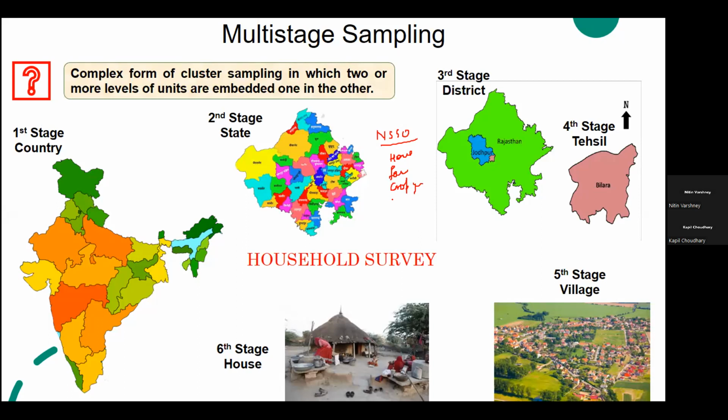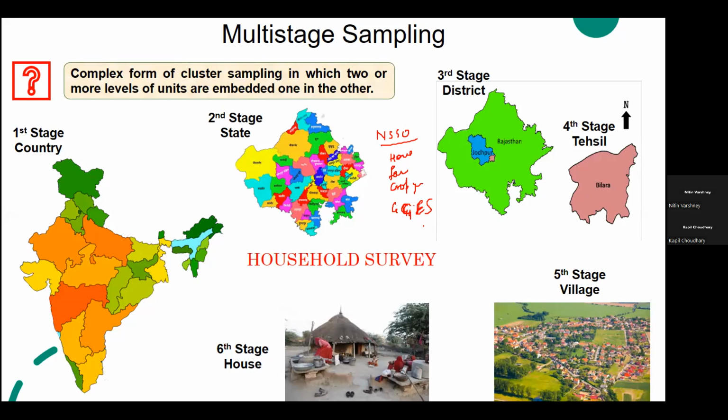For example, we can say general crop estimation surveys, GCES, are there. So these are various surveys conducted by the Government of India, and they are conducted by using multi-stage sampling. So what is multi-stage sampling?